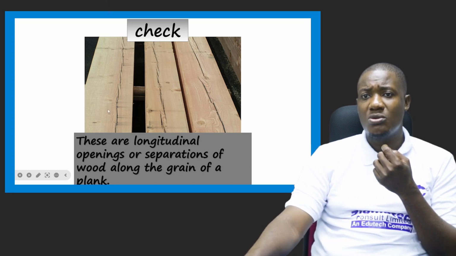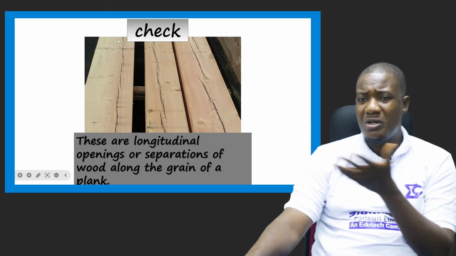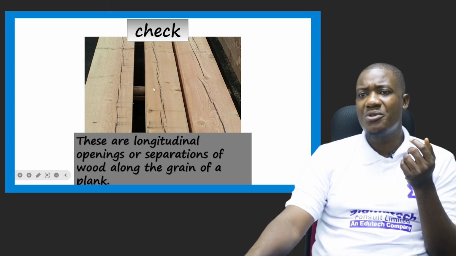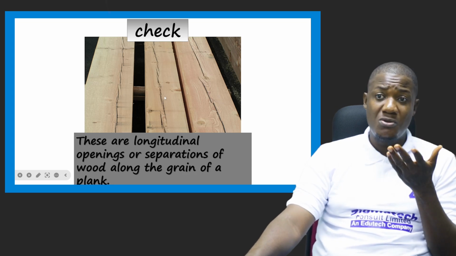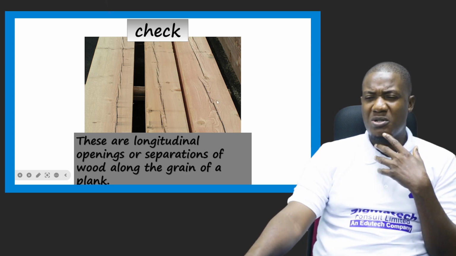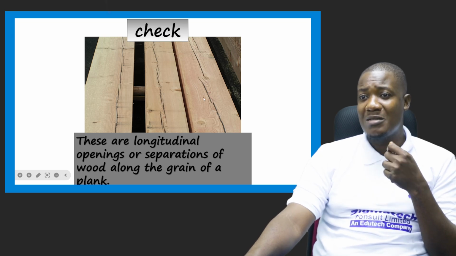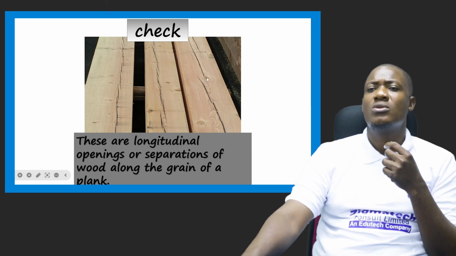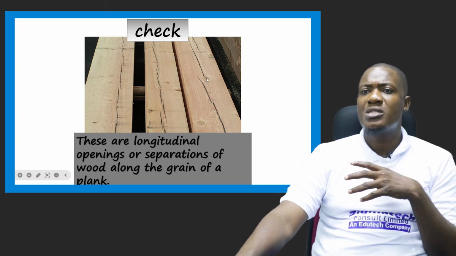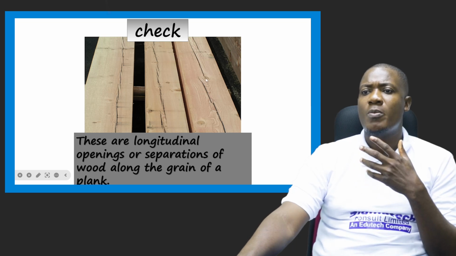This is a real defect. You cannot use this for a bench. If you do, people will fall off the bench because it will not take long. This one will break off. Can you see that this particular timber has a lot of problems? Are you seeing knot here? This is knot too.